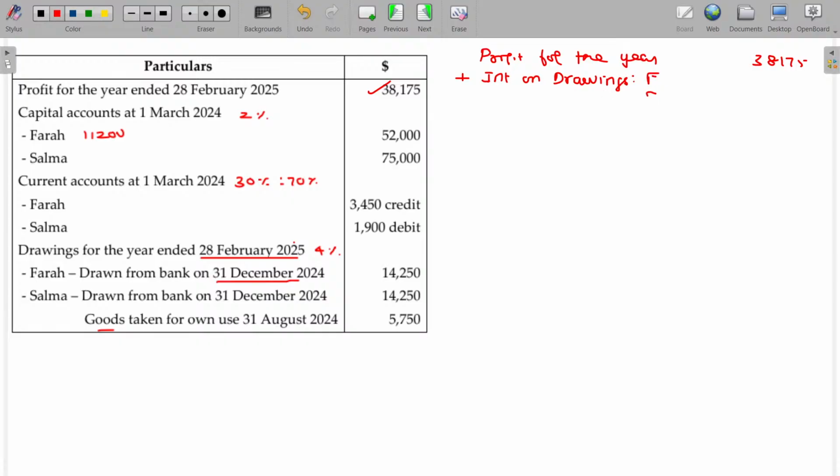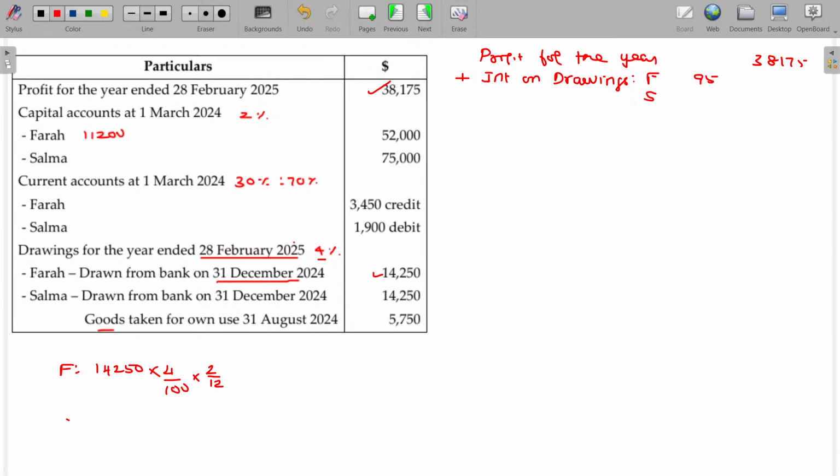Farah and Salma. So for the interest on drawings for Farah, 14,250 and applicable rate of interest on that being 4%. You have to calculate only for the days applicable here, from December to 28th February, only 2 months. Right? So you have to calculate for 2 months, 2 by 12. Then this value being 95 rupees.